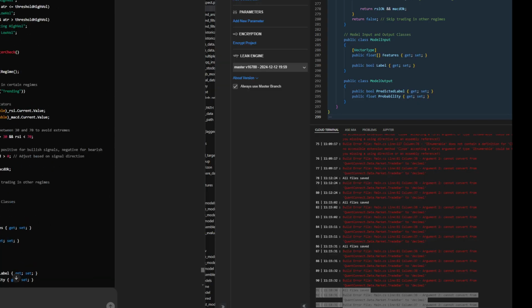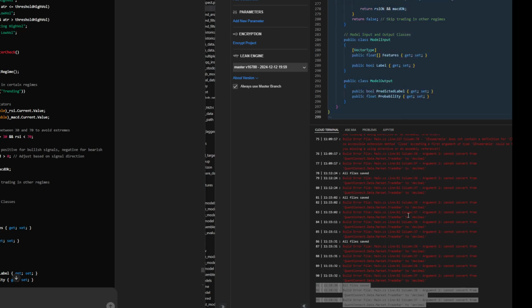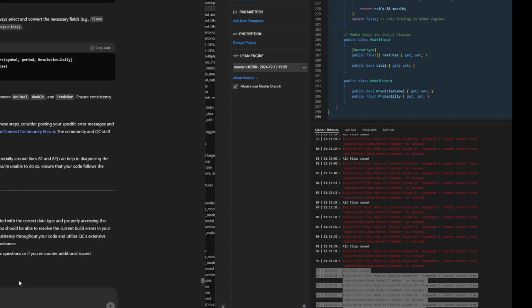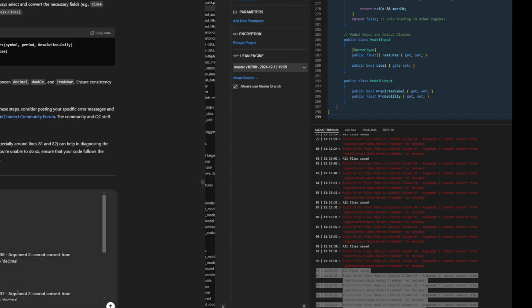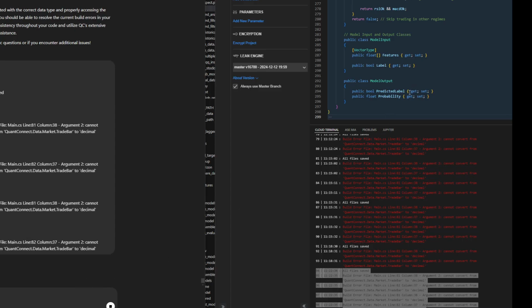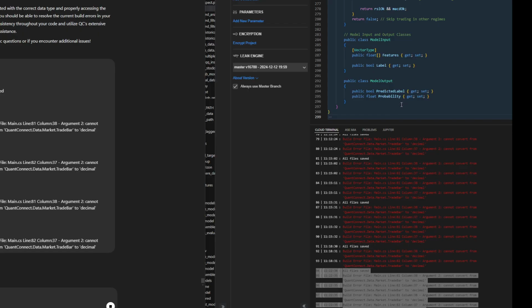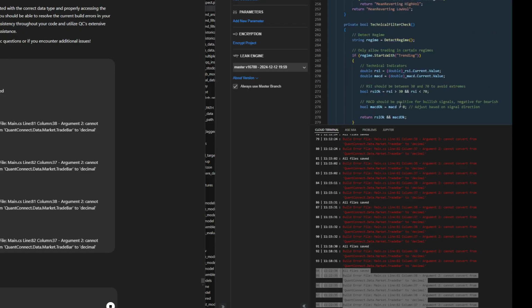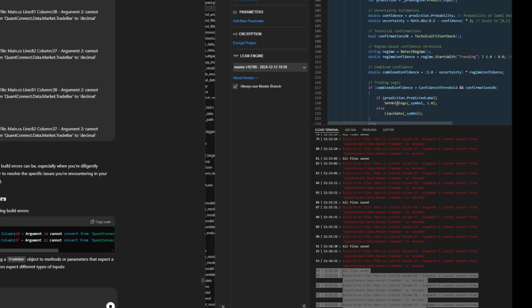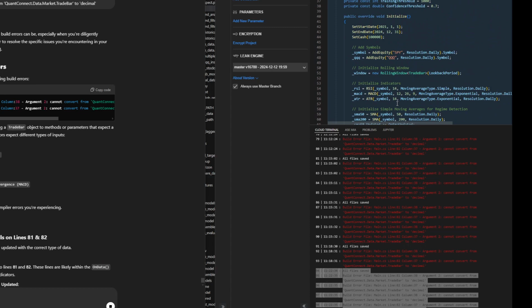It's probably quite a complicated thing to go for, so I just keep getting these errors about converting to decimal, and ChatGPT doesn't really know what to do with it. It's doing it in C#, and it seems to be quite a complicated algorithm I'm trying to do. I'll explain to you what it does in a minute, because I'm not fully sure, but we'll see.